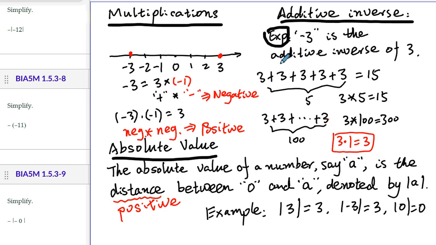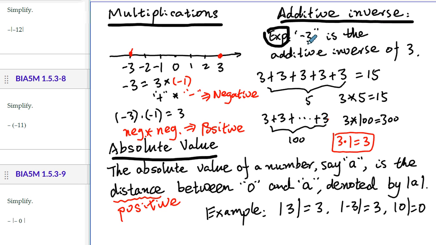Okay, so in this case, we say 3 is the additive inverse of -3, or you may say -3 is the additive inverse of +3. That's the meaning for additive inverse.